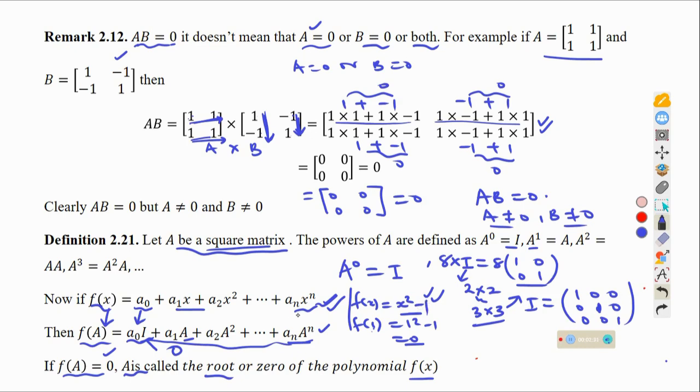The same applies to matrices. So when you substitute within your given polynomial and you find that whatever you are getting here is 0, then it will imply that A is the root of that given polynomial. We can look at some few examples to understand all that we have been talking about.